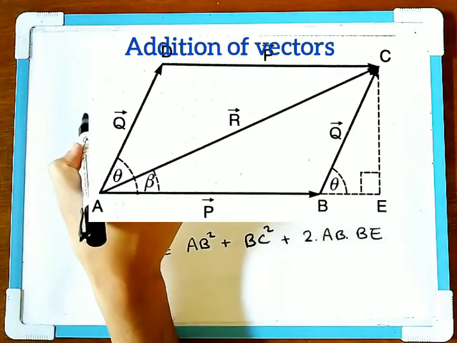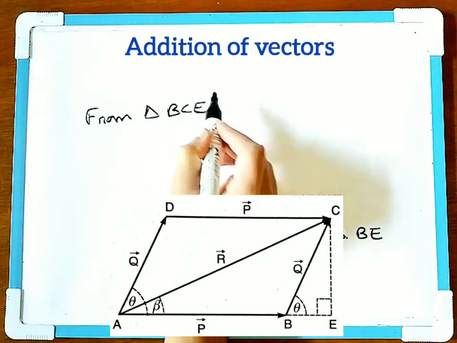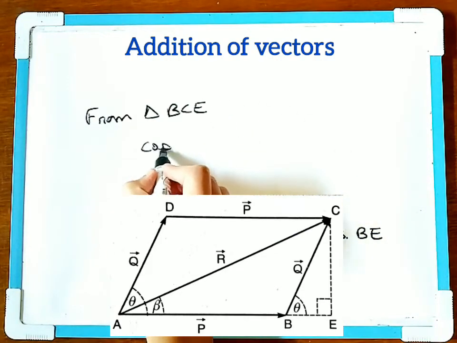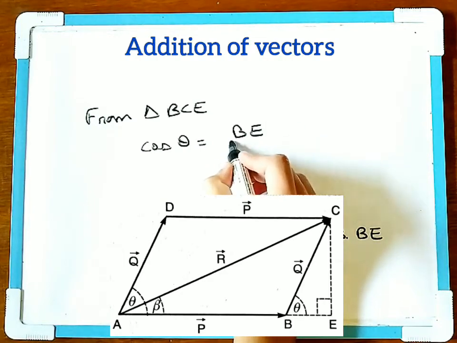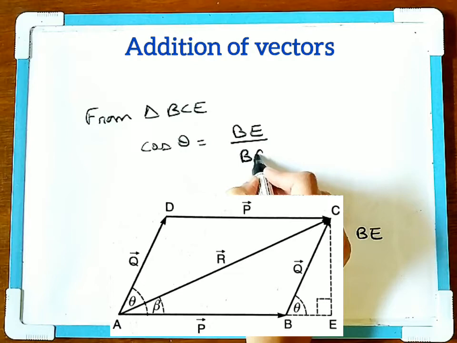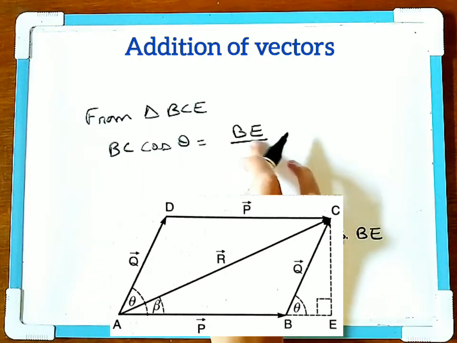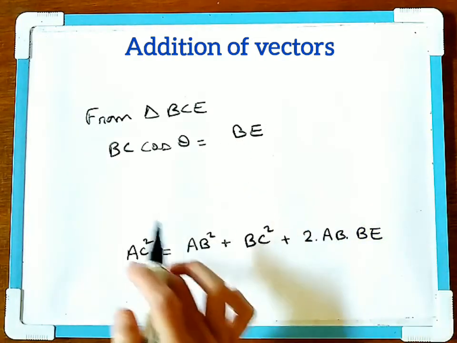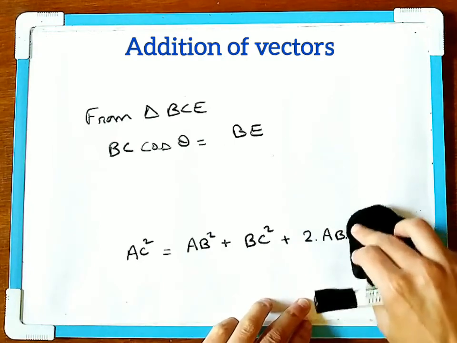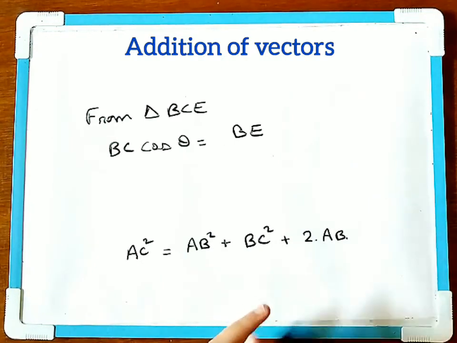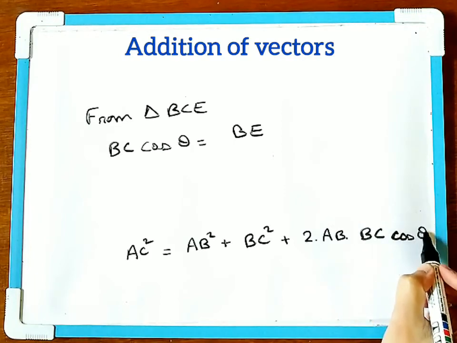Hence, by cross multiplication, we'll have BE equal to BC cos theta. So here instead of this BE, I can write BC cos theta, so 2AB into BC cos theta.